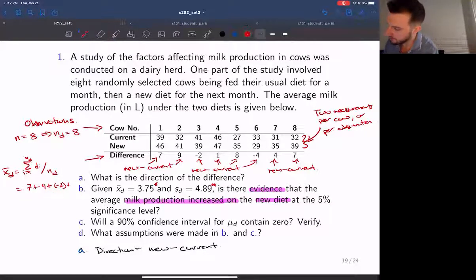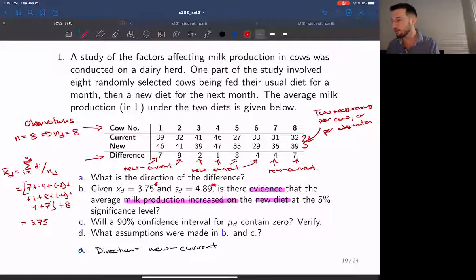So this is going to be 7 plus 9 plus -2 plus 1 plus 8 plus -4 plus 4 plus 7, divided by 8. This is simply the formula for the sample mean being applied to the differences directly.